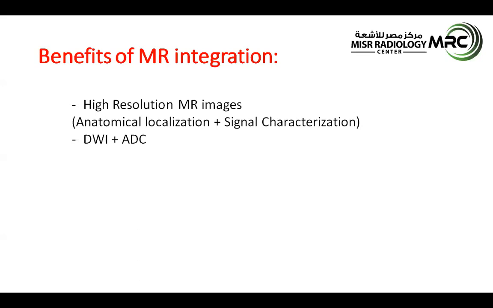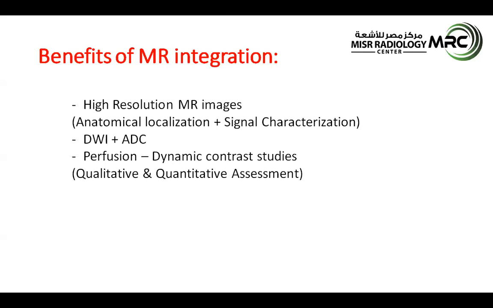Of course, we have the diffusion weighted imaging and ADC maps, so we can qualitatively and quantitatively assess the cellularity of different lesions. We have the perfusion and dynamic contrast studies for both qualitative and quantitative assessment of the contrast handling and the vascularity of different lesions, which is also helpful in the characterization of lesions and in the staging of their aggression, so the degree of aggression of the lesion.